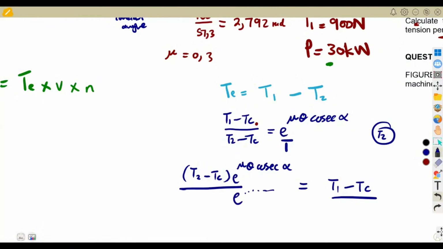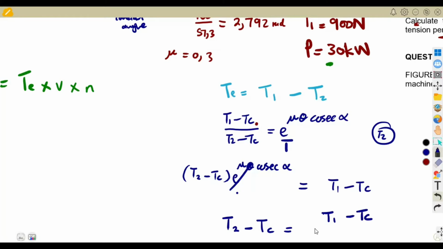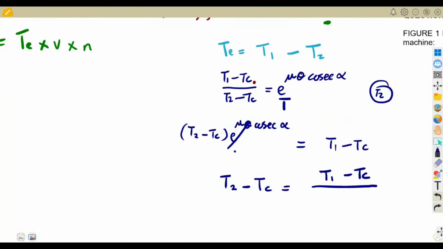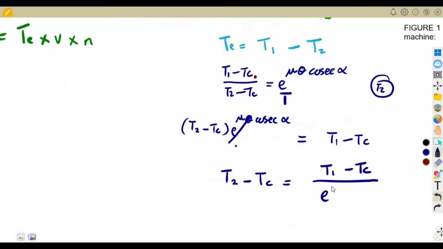Without wasting much time, we know that the e to the exponent of whatever you divide by is going to cancel on this side, and you remain with T2 minus TC is equal to T1 minus TC over e to the exponent of mu theta cosec alpha. All right, so transpose this to the other side, we have T2 as the subject.